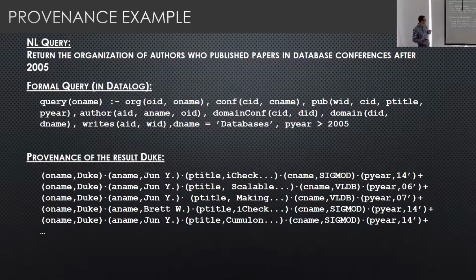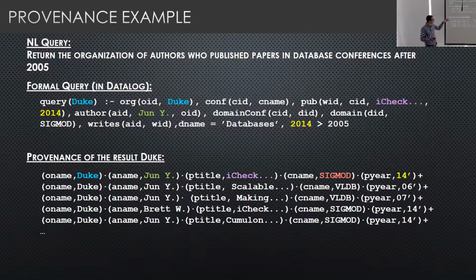Each monomial is composed of pairs, a product of pairs, where the first element of the pair is a variable name from the query, and the second element is the value from the database to which it was mapped. So if we consider, for example, the first monomial, if we replace the variables in the query with the values to which they were mapped, we get a partial assignment to this query that if we complete it, we would get the result Duke University.